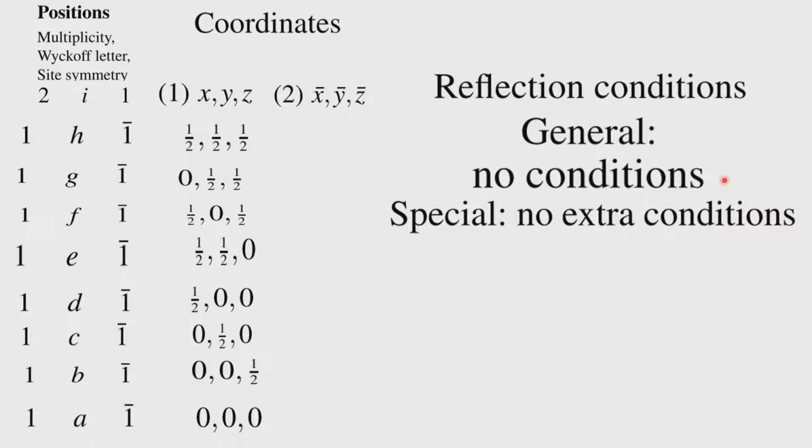So, P1 bar is not very exciting to discuss any further. It has no systematic absences. As I already mentioned, between P1 and P1 bar there are no systematic absences. So, when you determine the space group based on the diffraction condition, you say the space group at this moment is either P1 or P1 bar, and later we will decide how to distinguish between P1 and P1 bar, and then finally determine the structure.